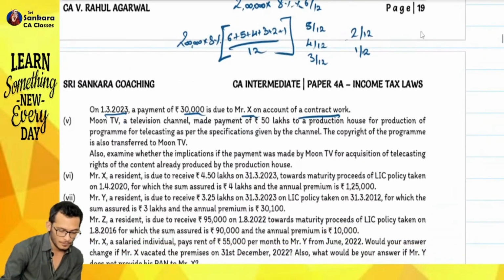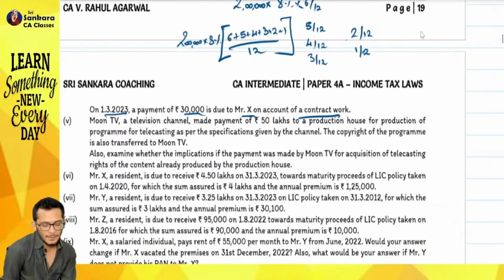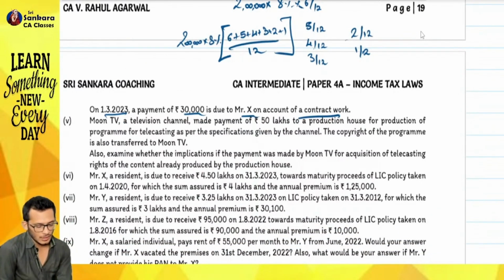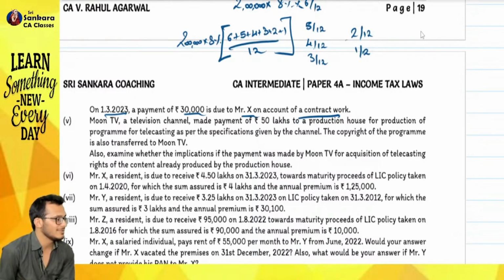Next one. Moon TV television channel made payment of 50,000 to a production house for production of a program for telecasting as per specifications given by the channel. The copyright of the program is also transferred to Moon TV. Basically, advertisement, you have given specifications. TDS applicable, not applicable?